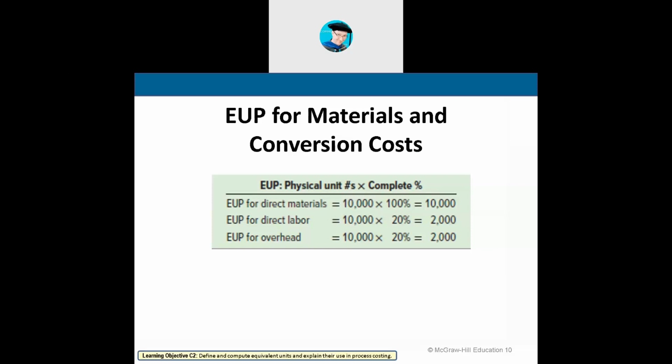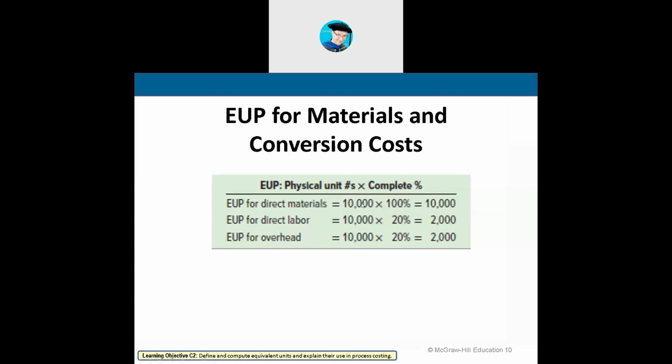Similar to our earlier examples, the overhead is a predetermined overhead rate. In this example, it's 100% of direct labor. The direct labor being 20% in this case, that also means we have 20% overhead. That's where these percentages are coming from.